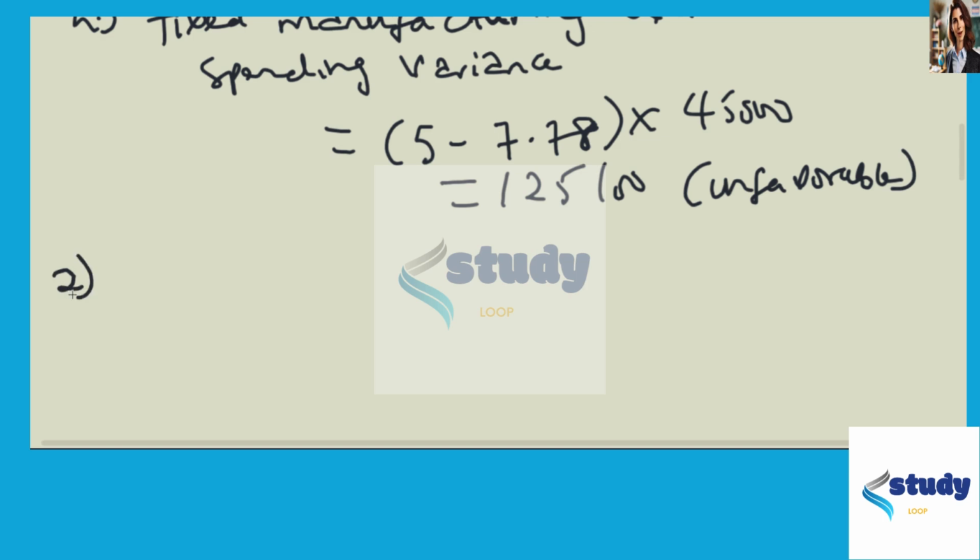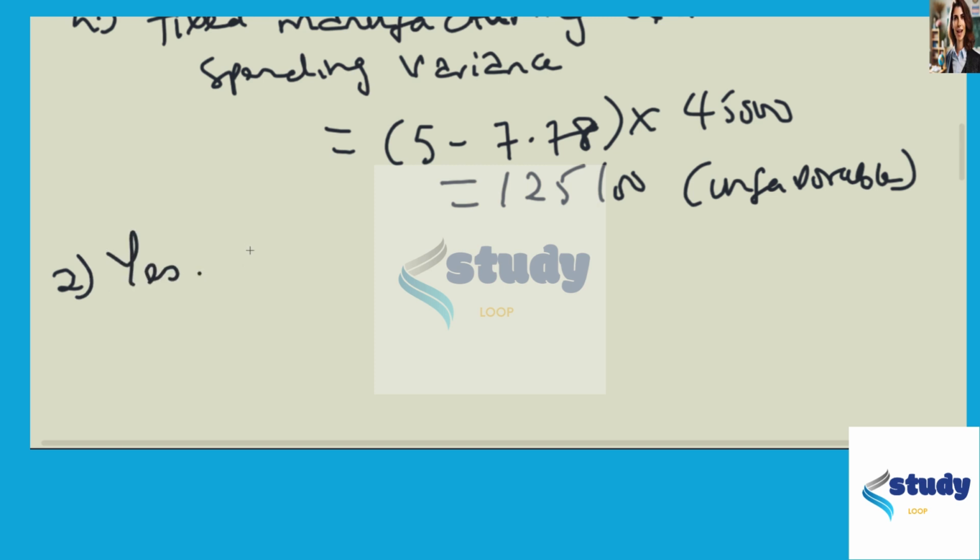Now the second part of the question: can James use any of the variances to help explain any of the other variances and give examples? The answer is yes.